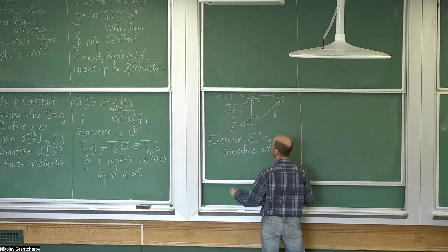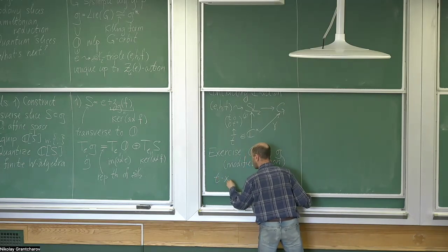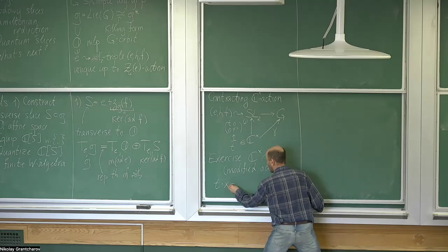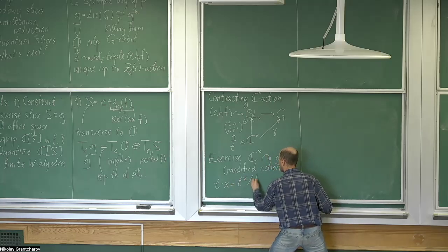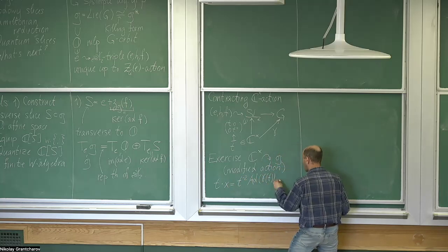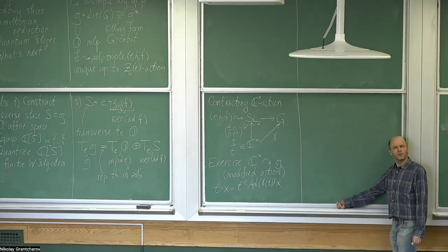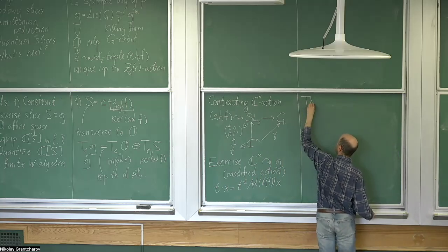It is given by the following: the element t acts on an element x of my Lie algebra by t to the minus 2 times adjoint gamma of t applied to x. So then it has the following properties.